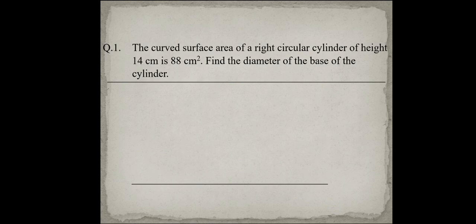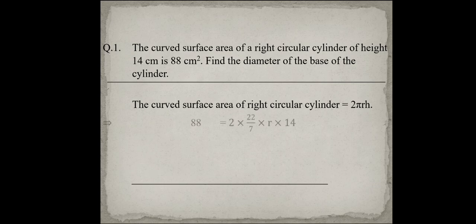Diameter means first of all you need to find out the radius, and double of radius is diameter. So the curved surface area of a right circular cylinder is 2 pi rh. Put the values here. Area is given 88 and height is given 14 centimeter.